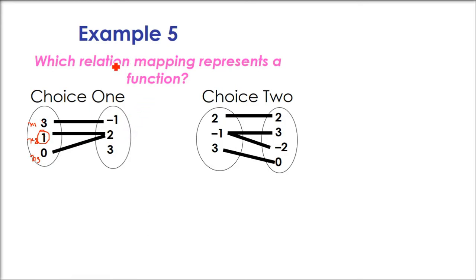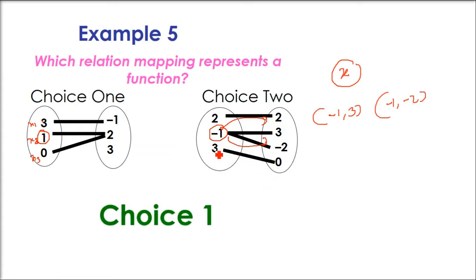But one x value giving you two y values is a problem. As I told you, if x is repeated, if you see here in the second figure, (-1, 3) is an ordered pair, (-1, -2) is an ordered pair. For the single -1, you have different y values. This is the failure. It is not a function.